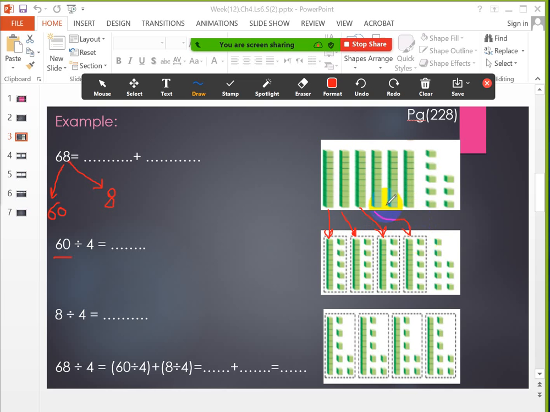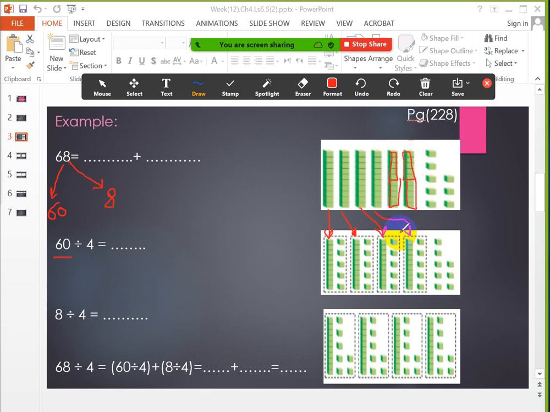That means each one will take 1, 1, 1, 1, 1, 1, etc. So the number of small cubes in each one is what? 1, 2, 3, 4, 5. Each one will take 5 small cubes, like this. 5 small cubes for each one. Okay? Like this.